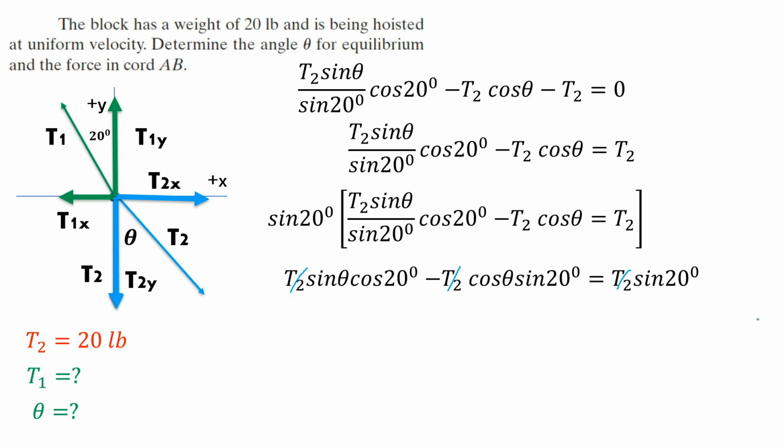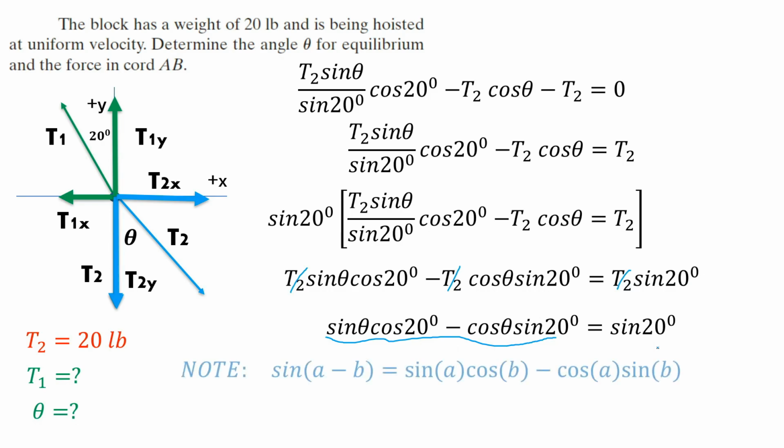What is left is sine theta cos 20 minus cos theta sine 20 degrees is equal to sine 20. If you are familiar with this, we can use the addition and subtraction trigonometric identity. Sine theta cos 20 degrees minus cos theta sine 20 degrees is just equal to sine of theta minus 20 degrees.